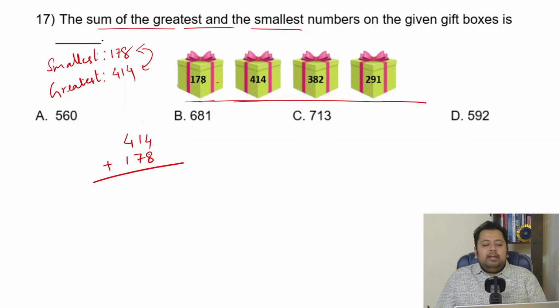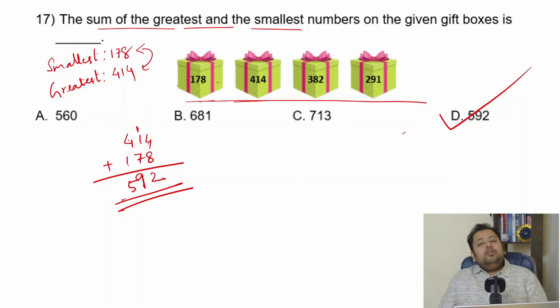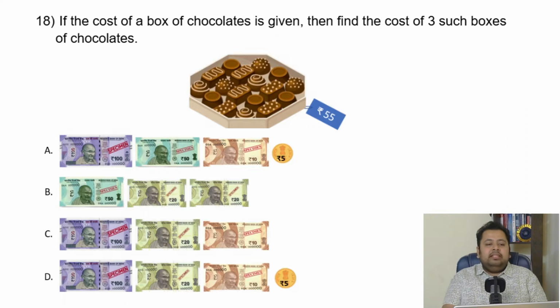If you do the addition, 8 plus 4 is 12. 1 carries over. 7 plus 1 is 8 plus 1 is 9. 4 plus 1 is 5. So this is 592. Option number D is your correct answer. Hope you got this one correct as well. If you did, give yourself a star. And now we move to question number 18.